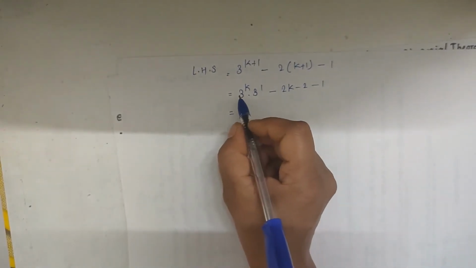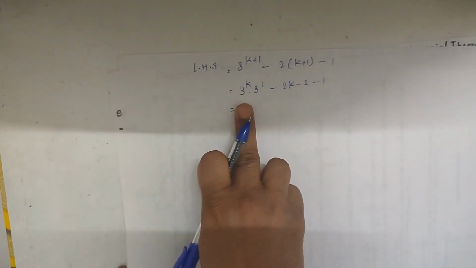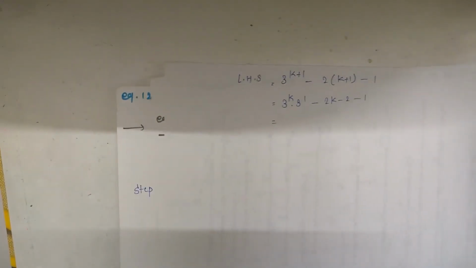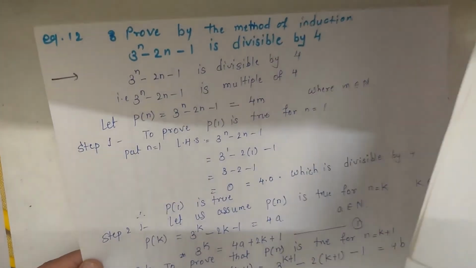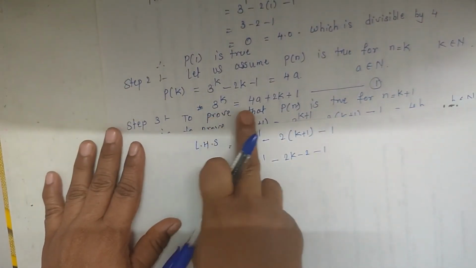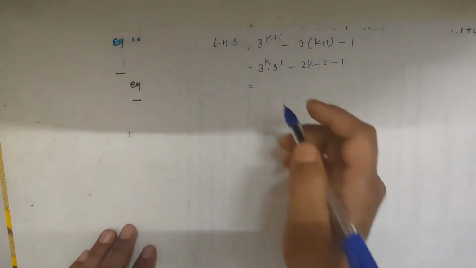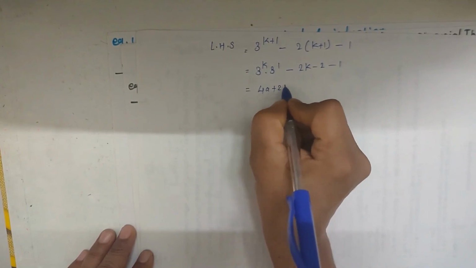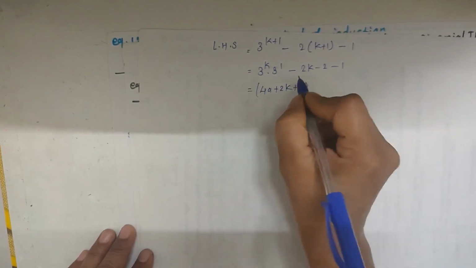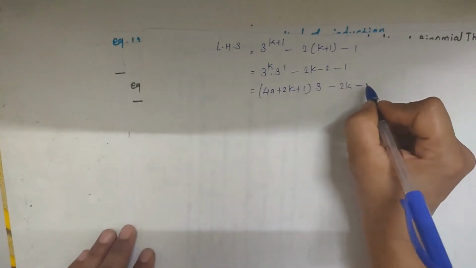Substitute the value of 3 raised to k from equation 1, which is 4a plus 2k plus 1, into 3 raised to 1, that is 3, minus 2k minus 2 minus 1.